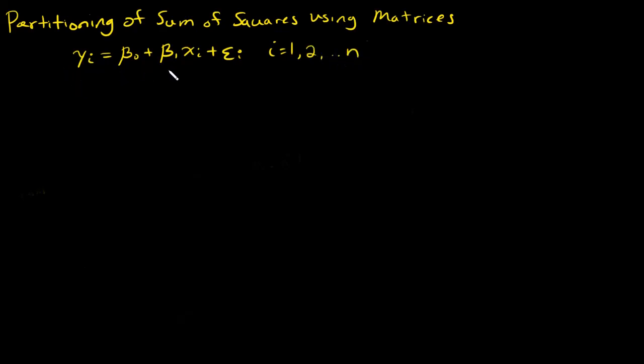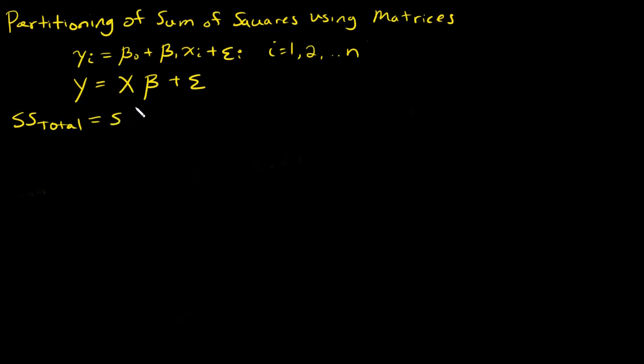If we rewrite this model using matrix notation, we have a vector of y's, an n by 1 vector, which equals X, our design matrix, where the first column is all 1s and the second column is all of our x's, times beta, our model parameters beta naught and beta 1, plus epsilon, which is an n by 1 vector of model error terms.